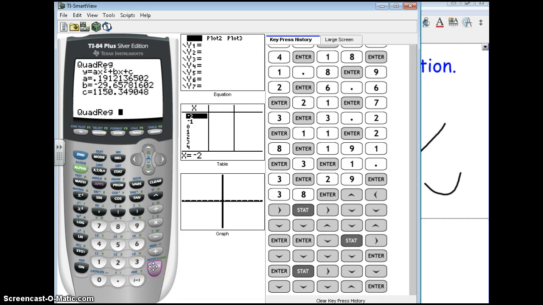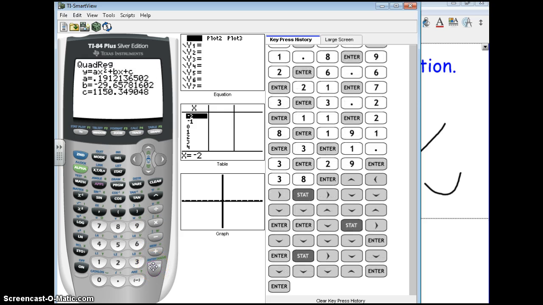Enter and enter again, so enter twice. Go ahead and write down 0.19. We're going to round that correctly to 2 decimal places, to the hundredths place, in front of our x squared. Negative 29.66 next to our x. And then 1,150.35 as our constant term. Go ahead and pause here and write those in.